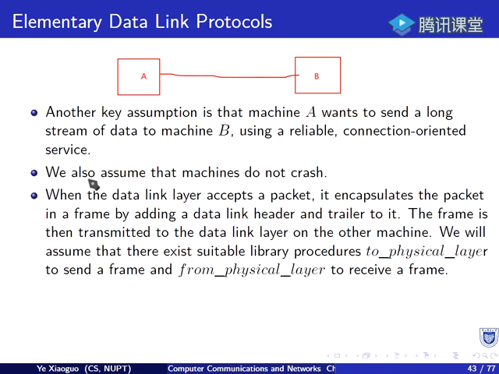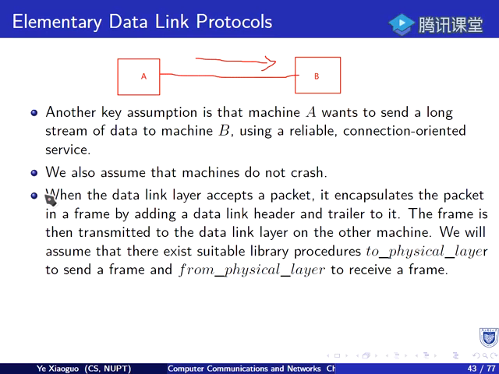The key assumption is that machine A wants to send a long stream of data to machine B using a reliable connection-oriented service. We also assume that machines do not crash. So we assume the machine is reliable and robust.